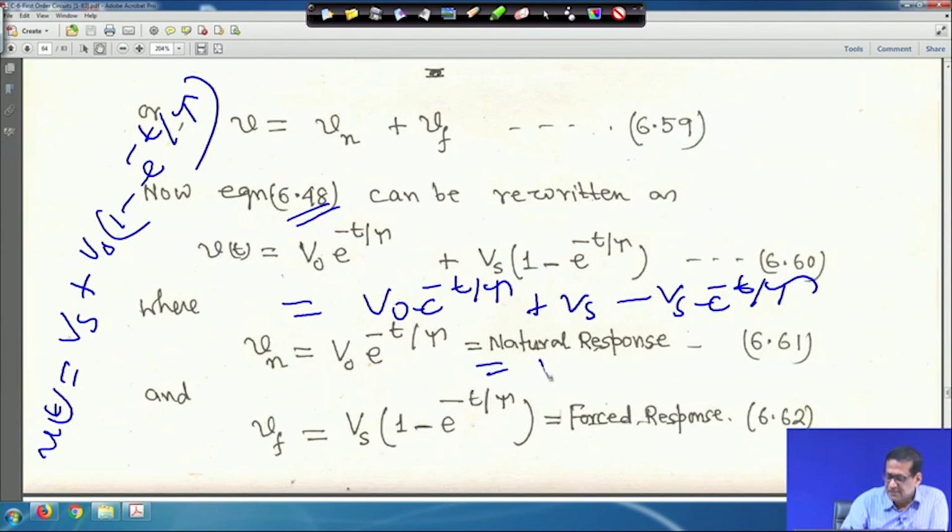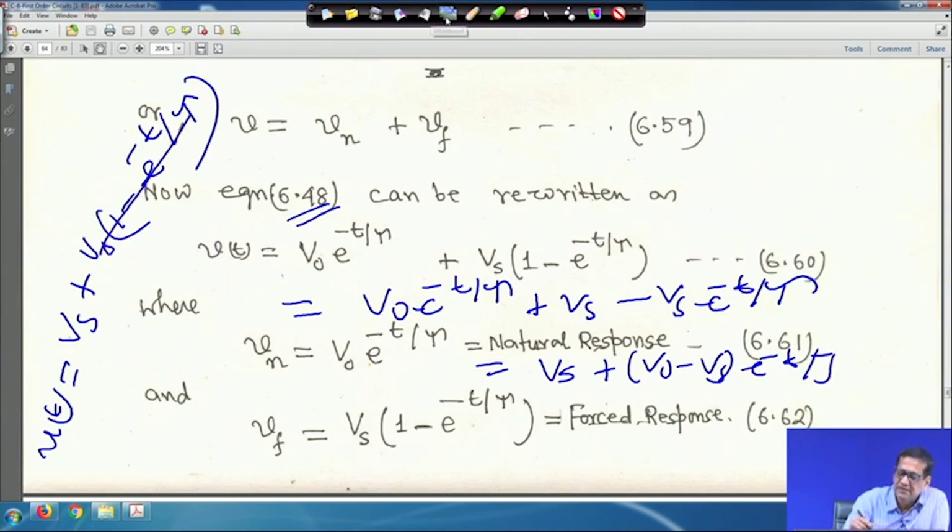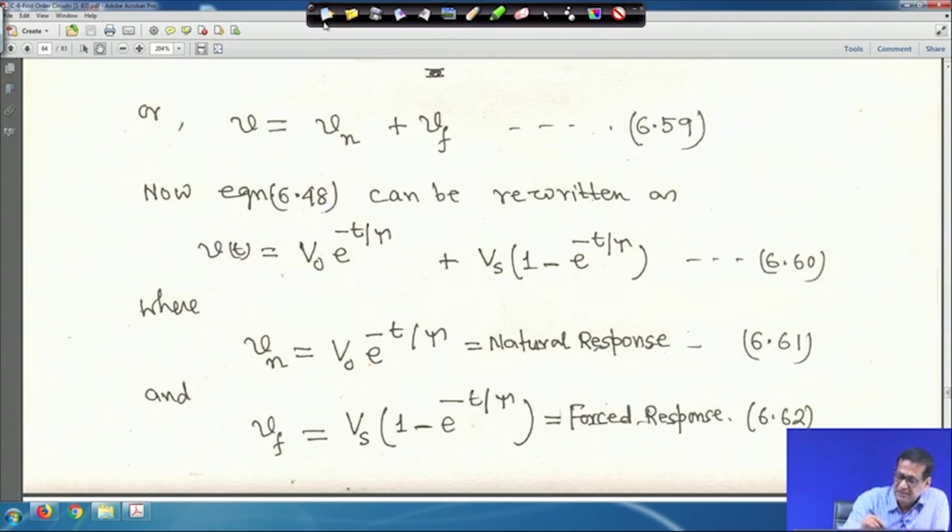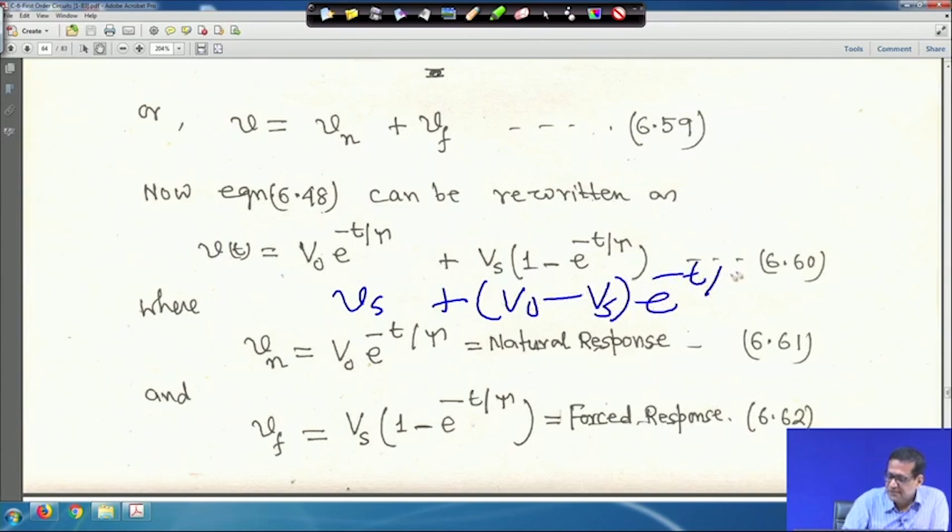So that is equal to Vs plus (V0 minus Vs) e^(-t/tau), that is your equation 48.